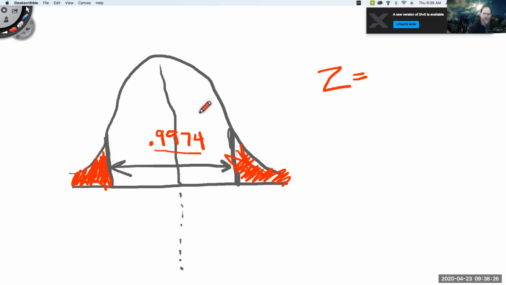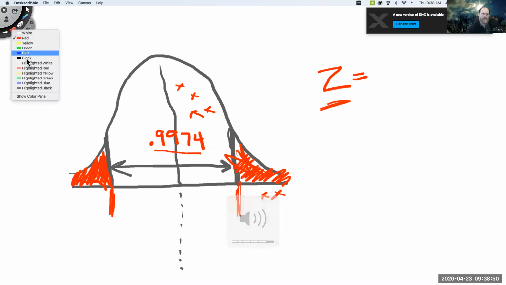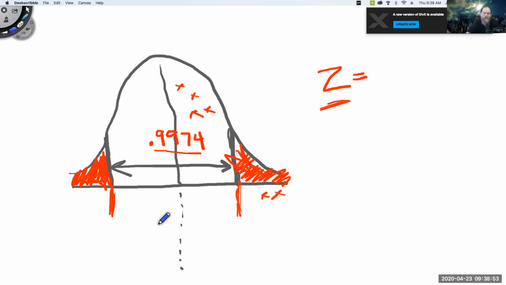So in other words, I'm going to count values that fall inside this area as being in control and values that fall out here as out of control. But I've got to figure out the Z, and that will help me figure out what this value and this value is. So to make this determination, it's actually really simple, or at least I'm going to try to explain it more clearly than I did the other day.